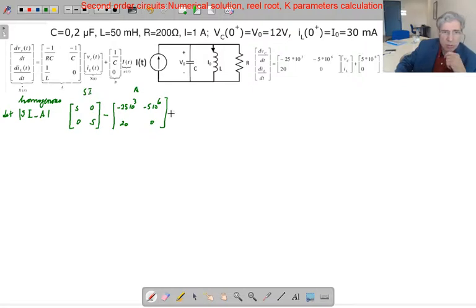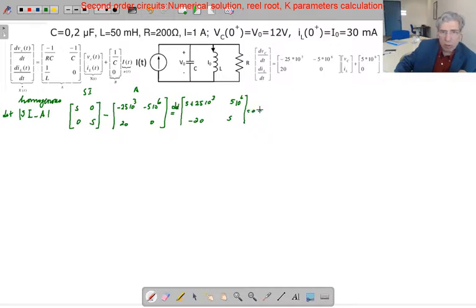When you do the subtraction, it becomes S plus 25 times 10 to the power 3. This minus, make it plus 10 to the power 6. This 0 minus 20, and S minus 0 gives you S. So the determinant of this equal to 0.